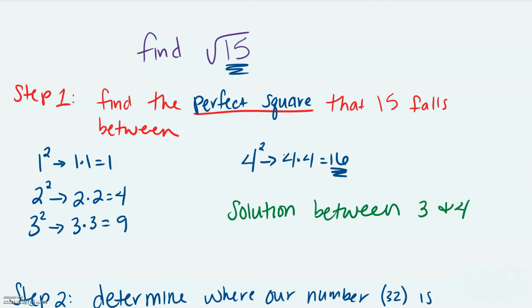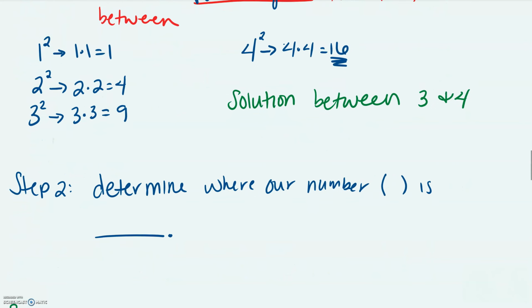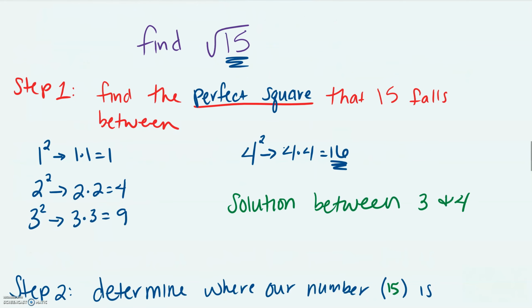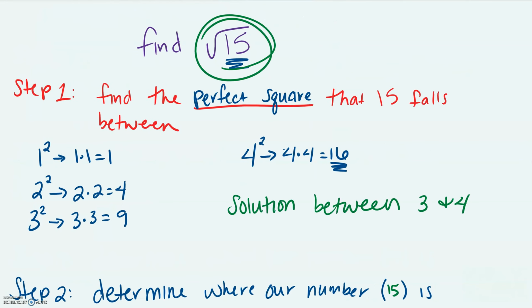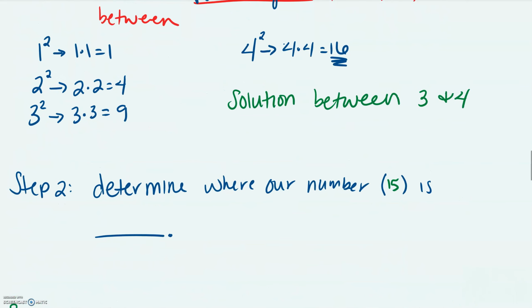So it's going to be a decimal, 3 point something, which brings us to step 2. That should be a 15, because we're trying to find the square root of 15. Step number 2: we need to determine where our number 15 is closer. We kind of already did this when we figured out that it's between 3 and 4.